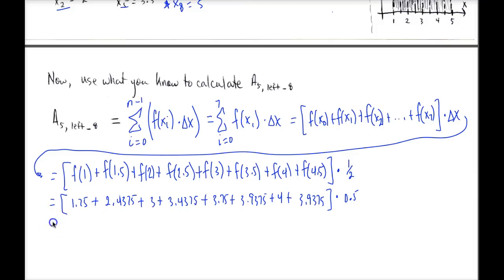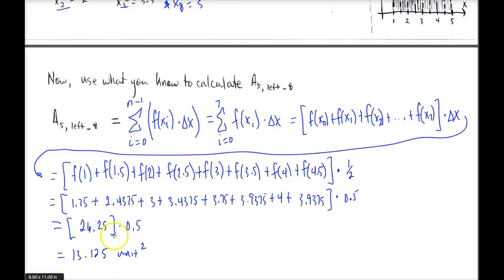Now if we take all those numbers and add them up inside the brackets, that turns out to be 26.25 times 0.5. Half of that is 13.125, or 13 and 1/8 in mixed number form. Of course, this would be square units.